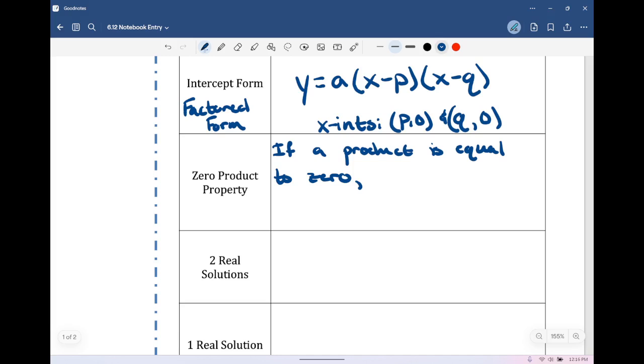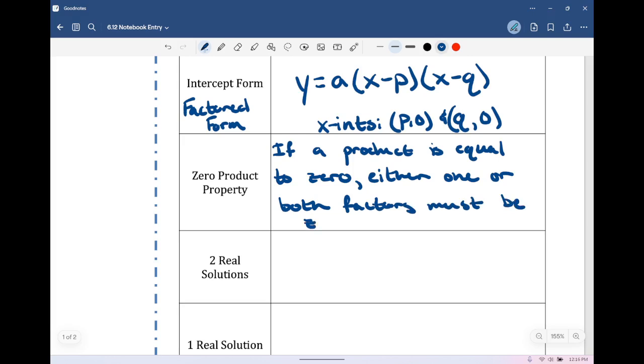Multiplication. Good, multiplication. Either one or both factors must be 0. All right, this is what we saw in the do now. If you're multiplying two things together and the answer is 0, one of them has to be 0.